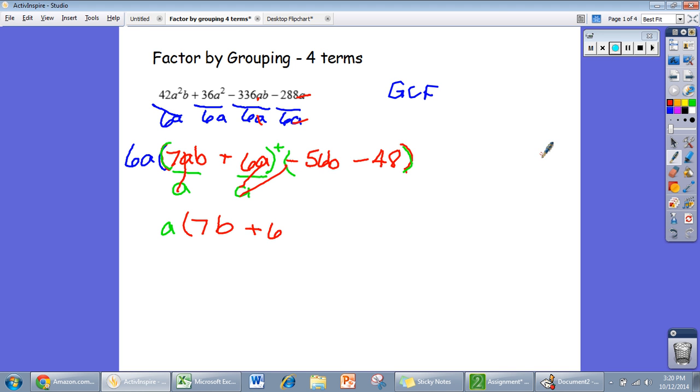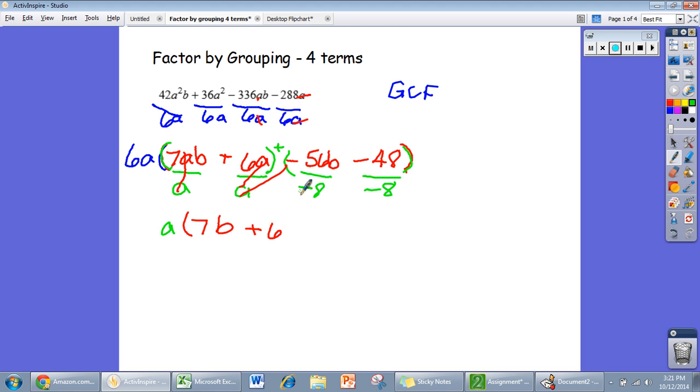Out of the next 2, I can divide both of those terms by a negative 8. Now here's a little clue for you, and this holds true for any problem. When this sign here is a negative, this must be a negative you're dividing by. It doesn't matter what this sign is. The key is, what is the sign of this term here?